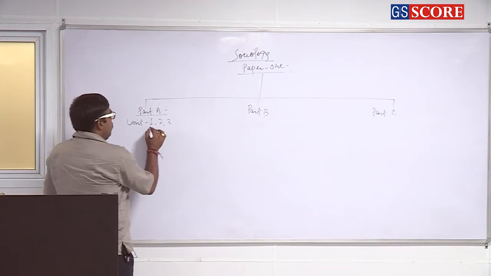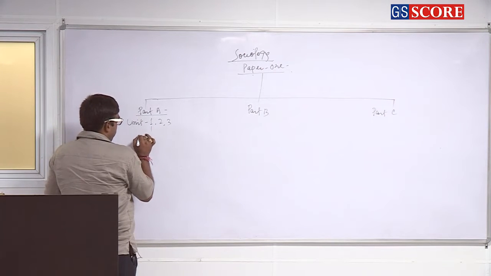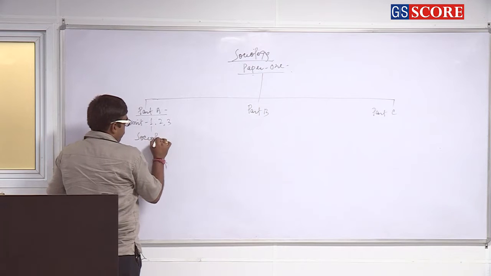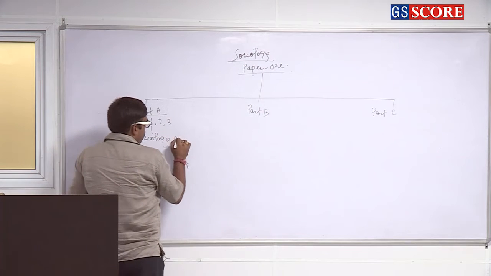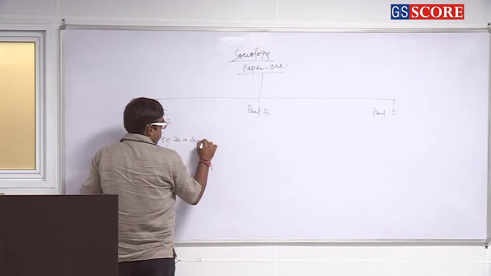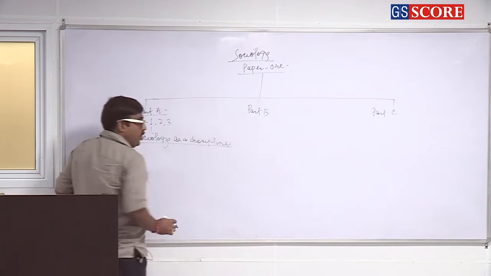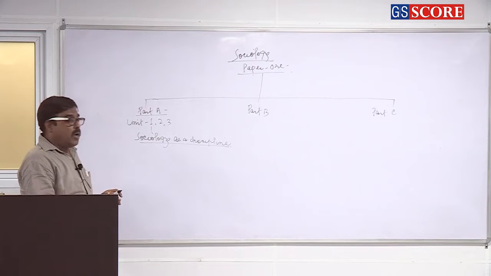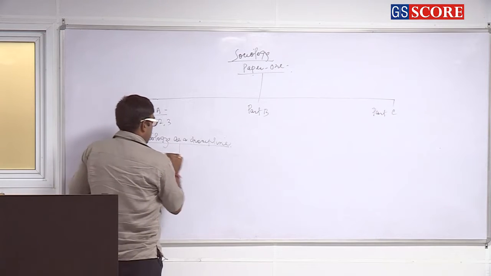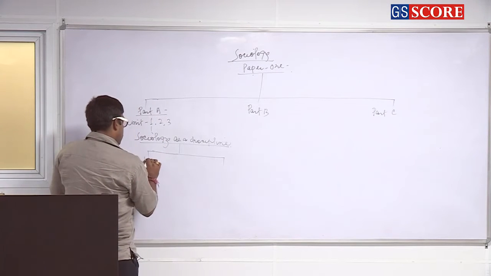For example, unit 1 begins with sociology as a discipline. If you look at the syllabus, it talks about how sociology has emerged.